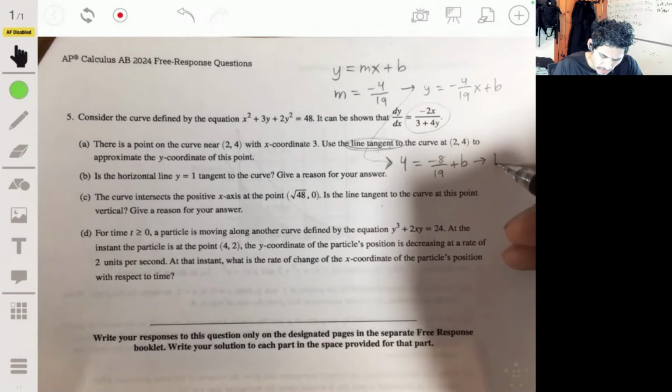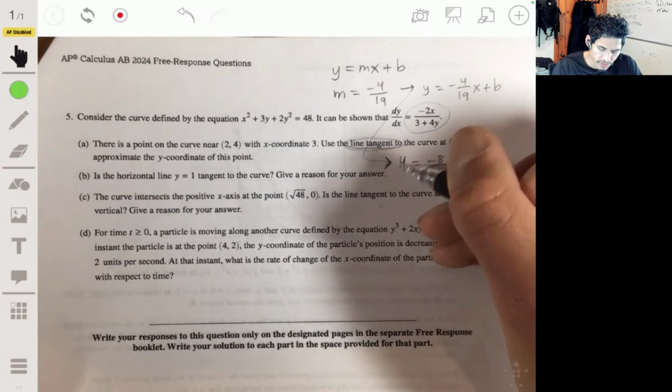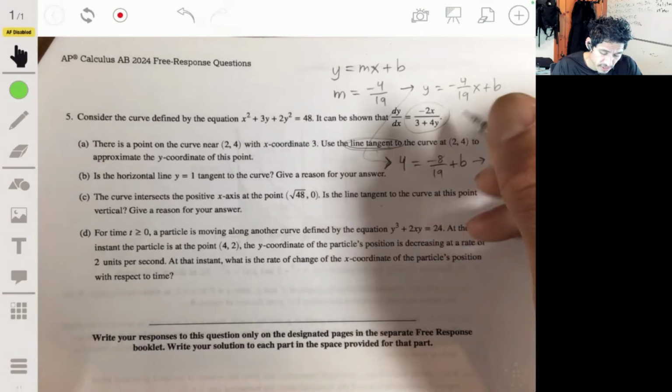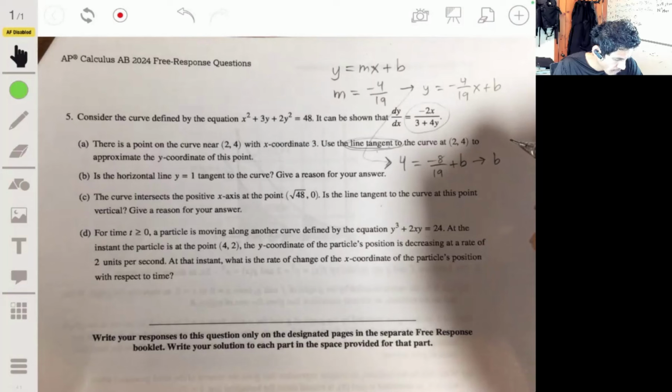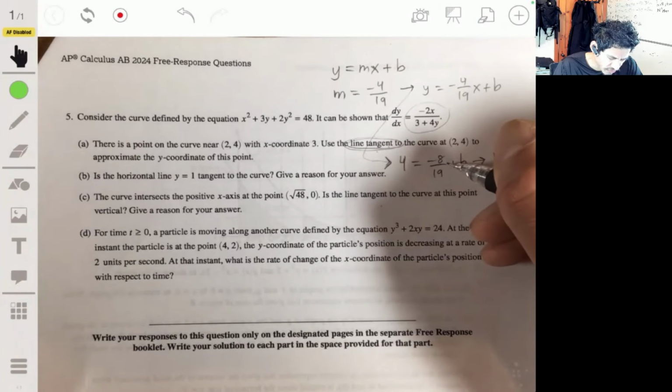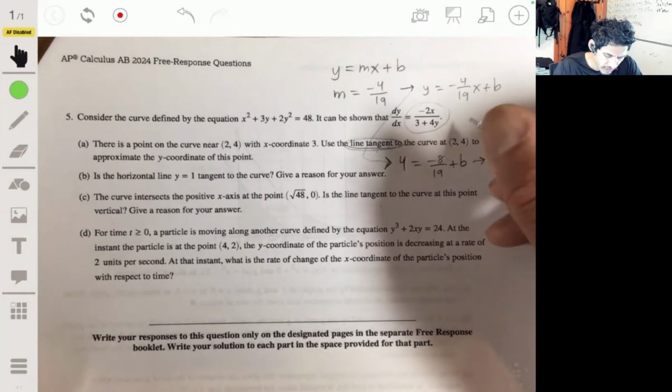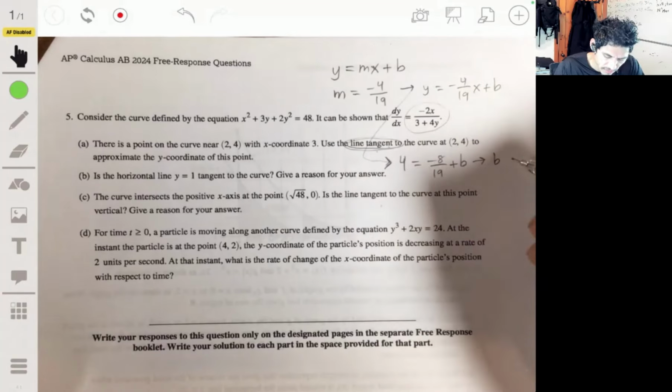Solving for b, 56 plus 8, 84. Yeah, because this is gonna be 76, my bad. So b is 84 over 19.